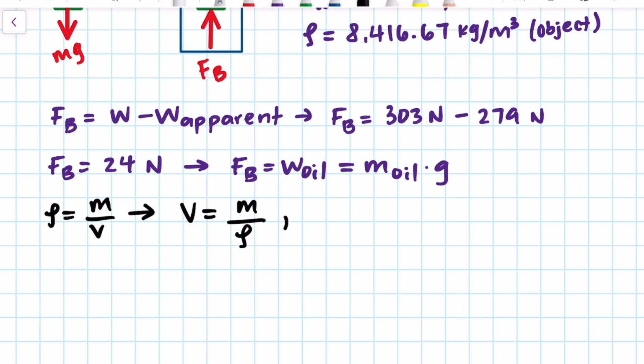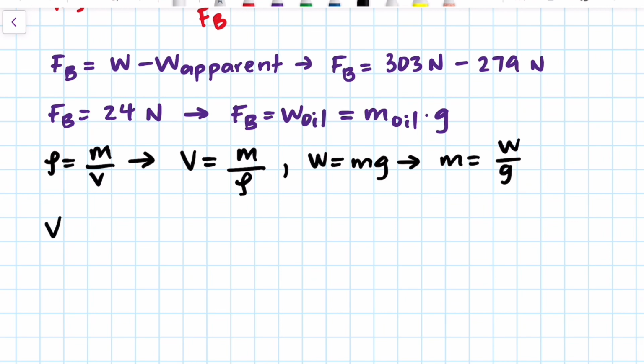And also we know that the weight of the object is equal to its mass times the acceleration of gravity, which means that the mass of the object is equal to the weight of the object divided by the acceleration of gravity.